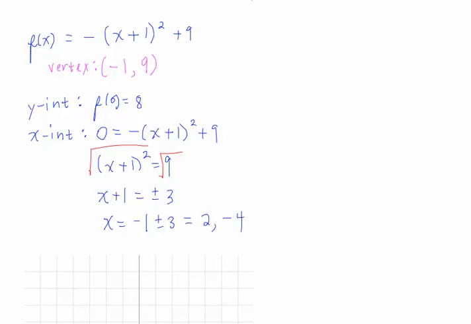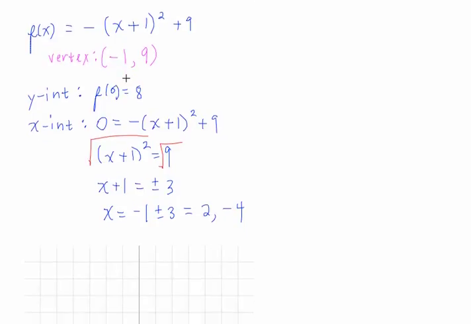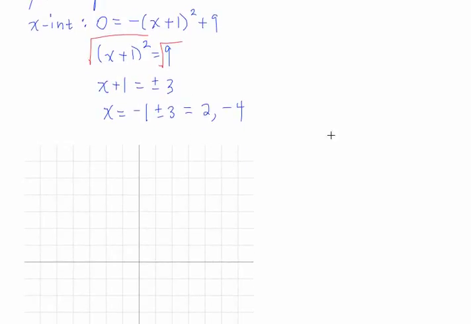Okay, so let's plot all that information that we have. The vertex is at -1 comma 9. Again, I'm going to need to adjust the scale of this y-axis here. Let's go by 2's. But I believe I can still go by 1's and have no problem on my x-axis.